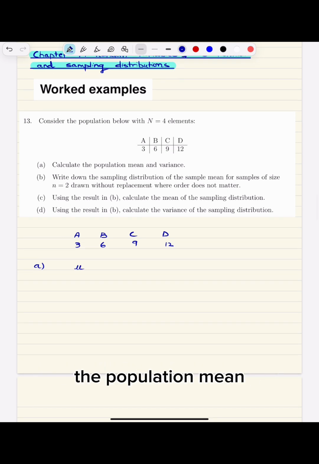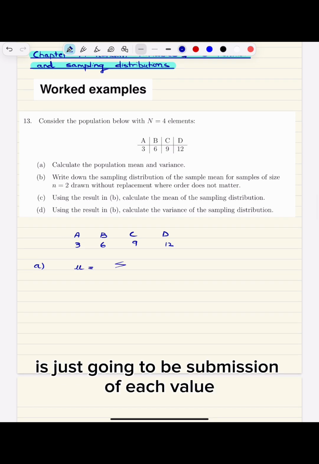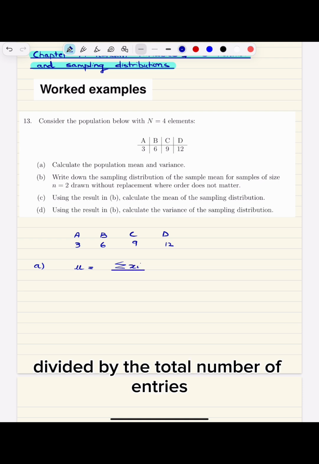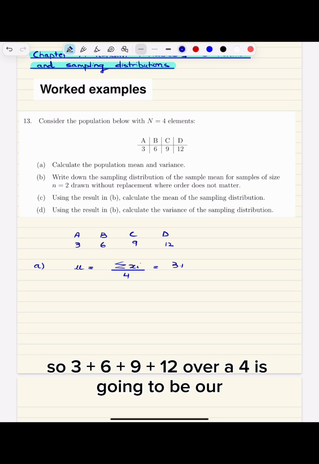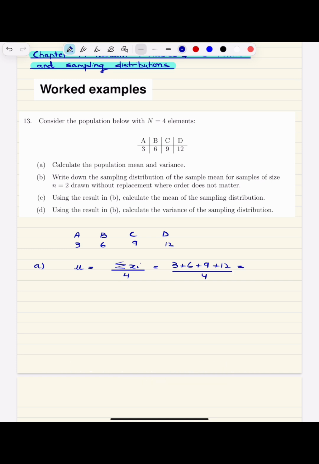The population mean is just going to be the summation of each value divided by the total number of entries, which in this case is 4. So 3 plus 6 plus 9 plus 12 over 4 is going to be our population mean.